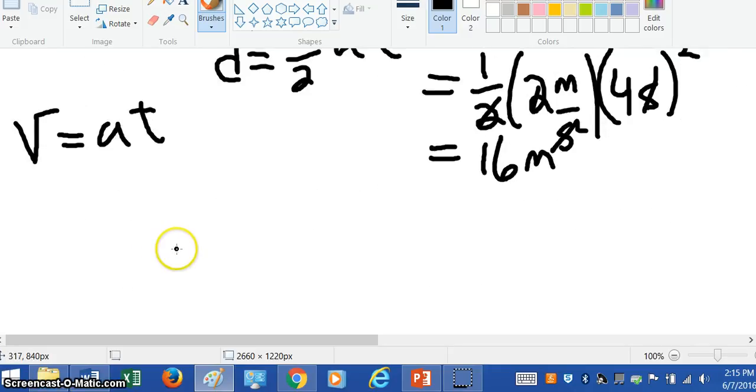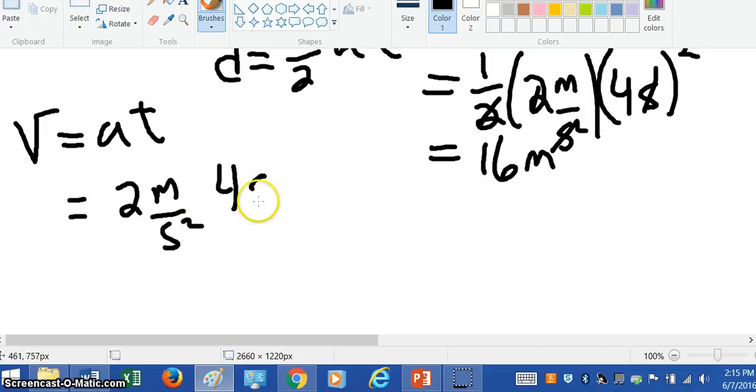So we can now just plug this in. It's accelerating at a rate of 2 meters per second squared, and the time is 4 seconds. This seconds cancels one of these, leaving us with meters per second.